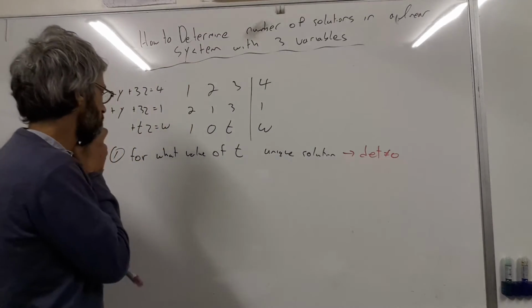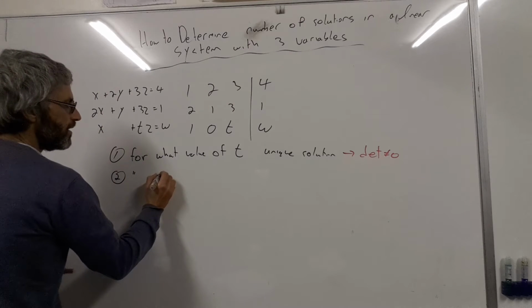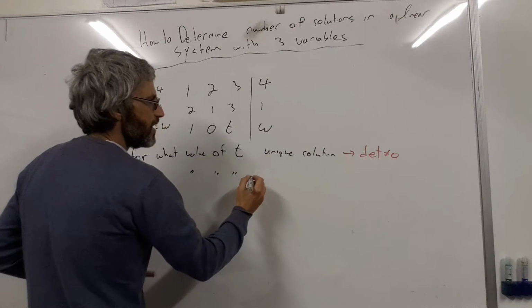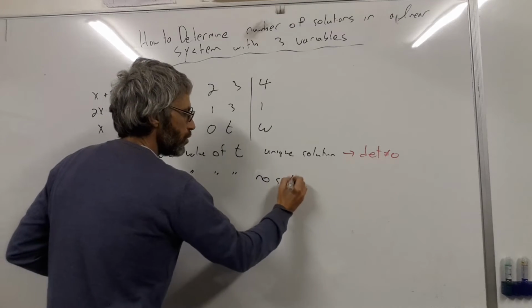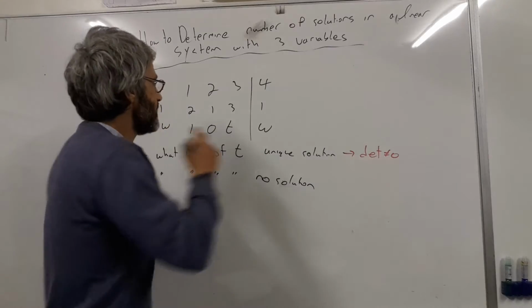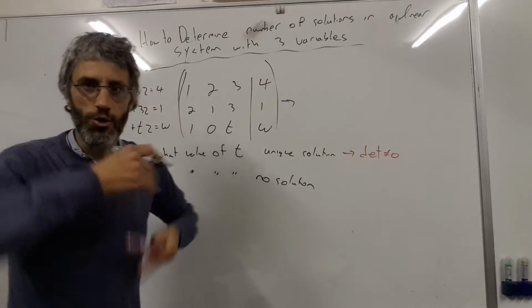Now the next question they might ask is, for what values of t will there be no solution? What we have to do then is take the augmented matrix and do row reduction.